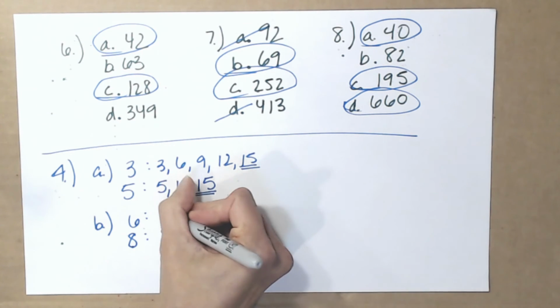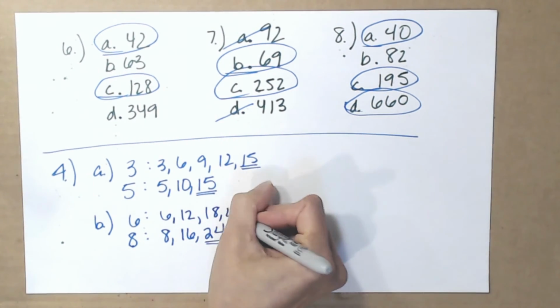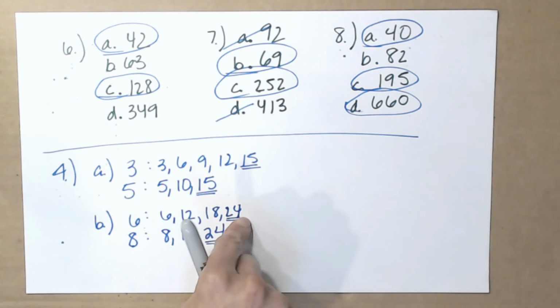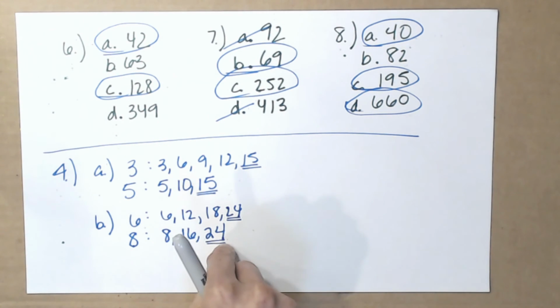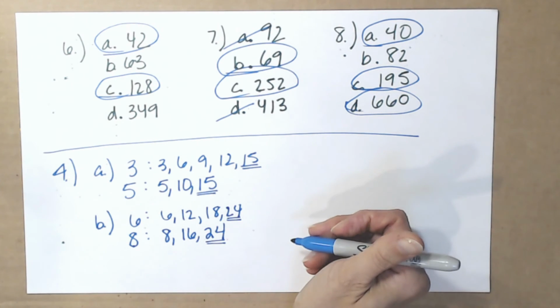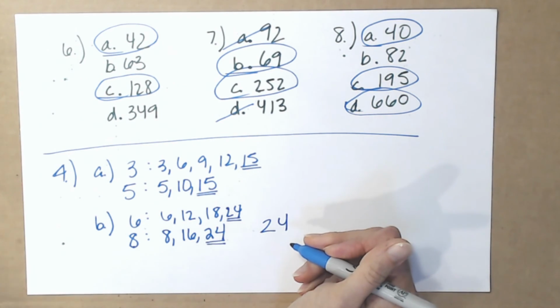Again, I could have done the same thing with my 6s, 6, 12, 18, 24, to find that common multiple of 24. But I knew when I counted by 8s, when I got to 24, that that was the first of these multiples that was also a multiple of 6. So the answer here is 24.